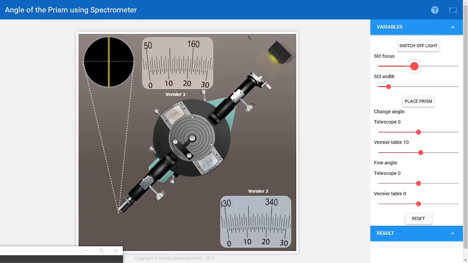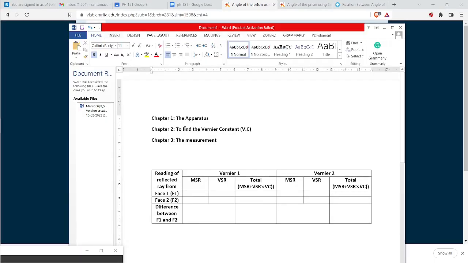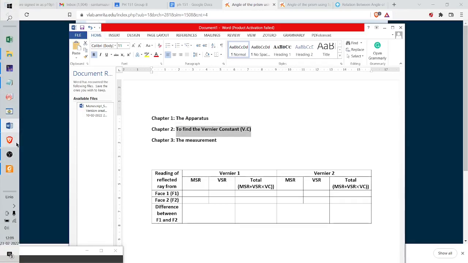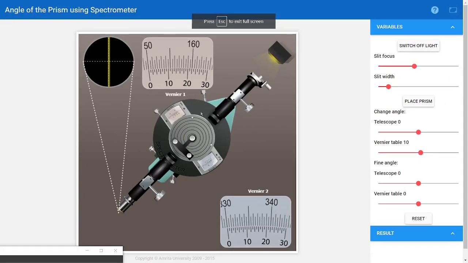Now I'm going to chapter 2, to find the Vernier constant. What is the purpose of this Vernier constant? Let's go back to the apparatus. In this portion we have a main scale. This is the main scale reading, MSR, and this is the vernier scale reading. How to take the vernier scale reading?